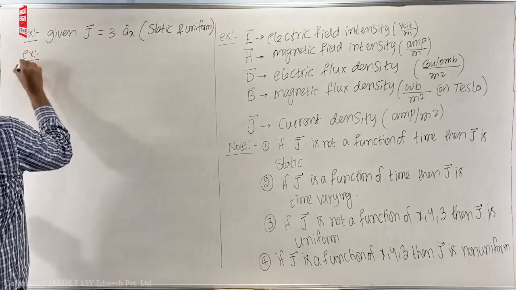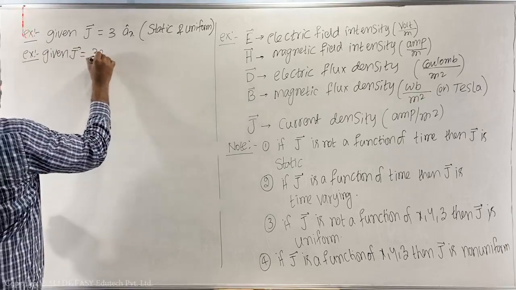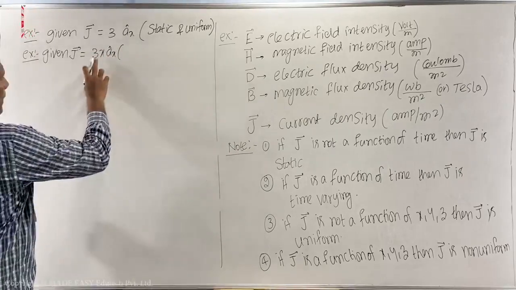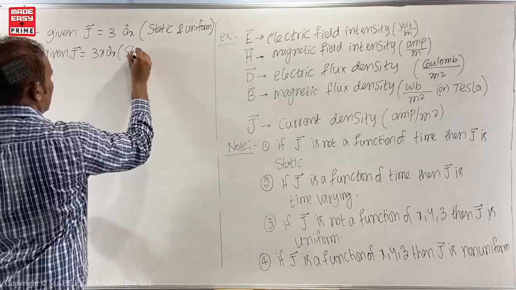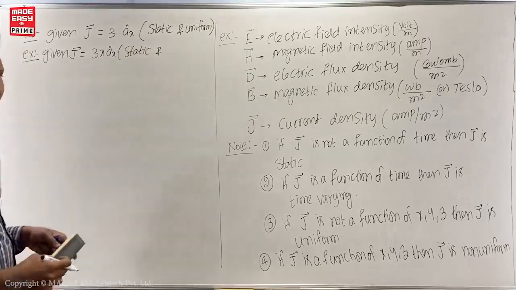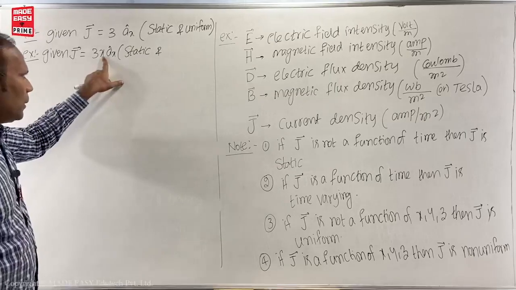Example given, it is given in the question J bar is equal to 3x a_x, then what is this? It is not a function of time, so it is static. And it is a function of x, no need to have x, y, z all, at least if one variable is there, no distance variable.